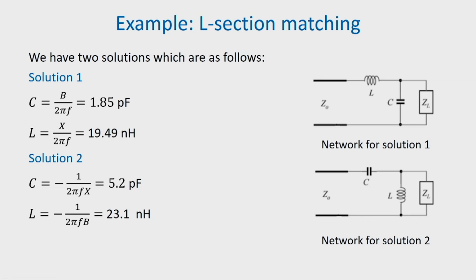That means the load impedance of 100 minus j 50 at the operating frequency of 500 megahertz, with these values of L and C used in the two circuits respectively.